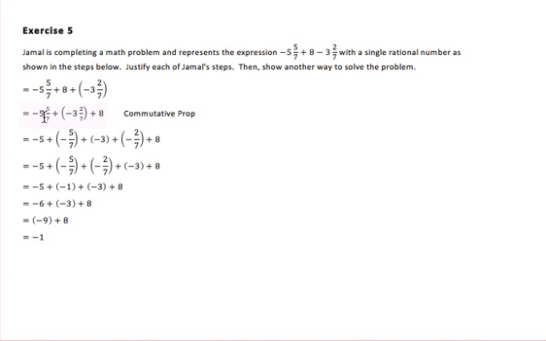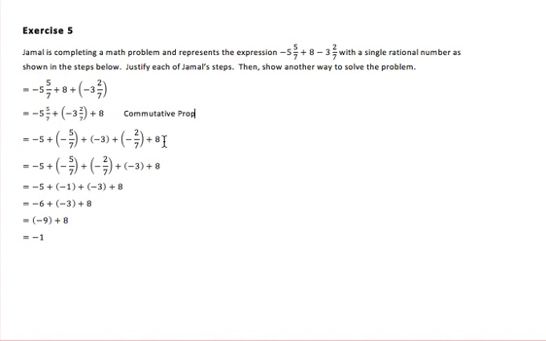Next, he split apart his mixed numbers. So negative 5 and 5/7 became negative 5 plus negative 5/7. And negative 3 and 2/7 became negative 3 plus negative 2/7. And our positive 8 stayed the same.